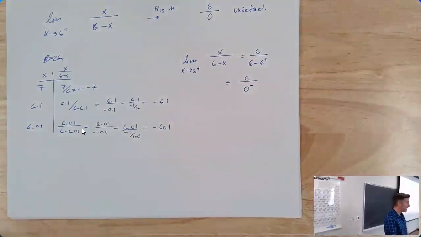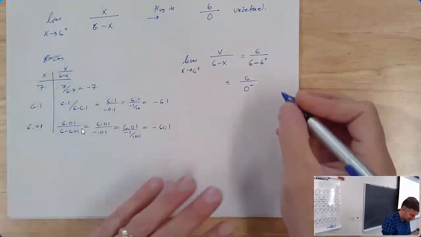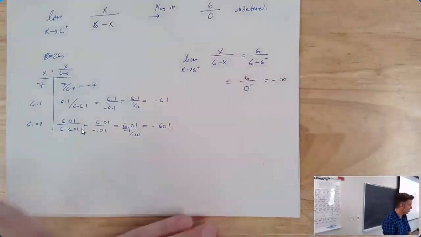Now I have a fraction. And the top is positive and the bottom is negative. And a positive number divided by a negative number is negative. And we know it's going to be negative infinity, because whenever you have division by 0, I should say not 0 divided by 0, it's always going to get infinitely large. Or in this case, negatively infinitely large.